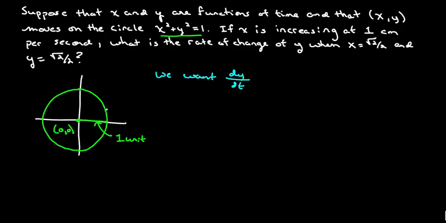Meaning, as our point is moving along the circle, and it's at exactly (square root of 2 over 2, square root of 2 over 2), a 45-degree angle, at this exact point, how is the y value, the height, changing?